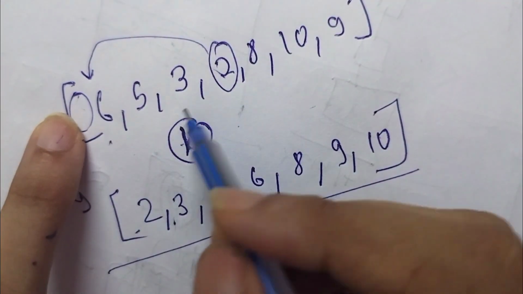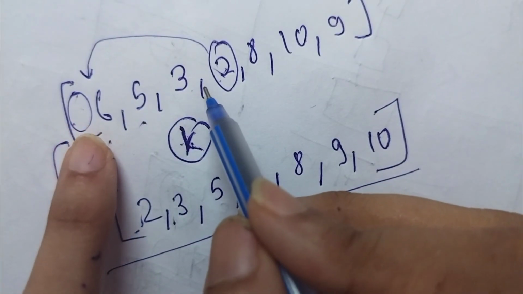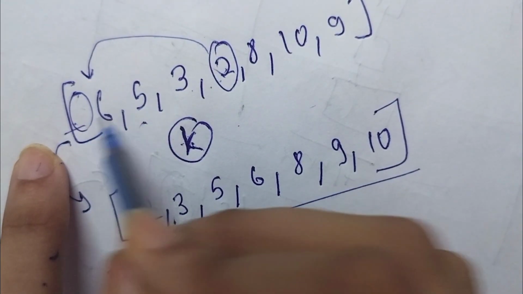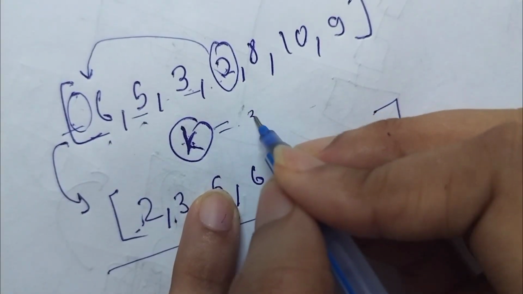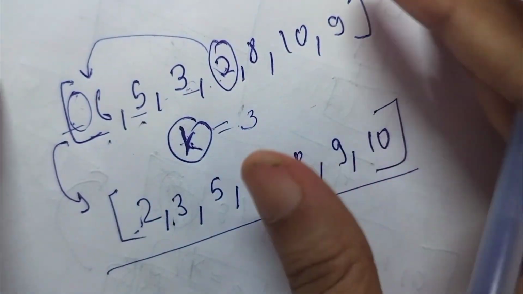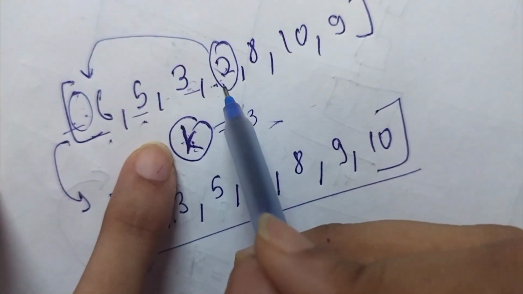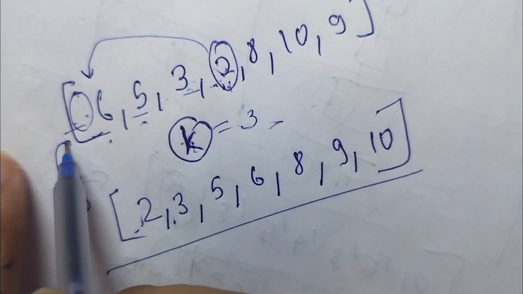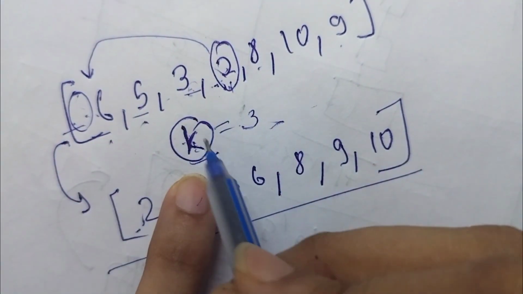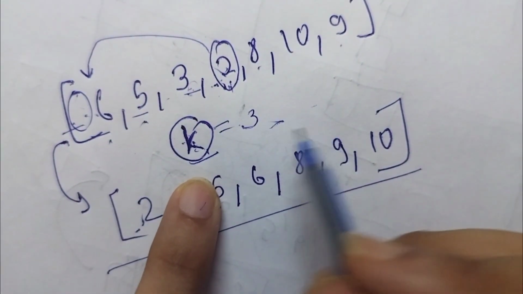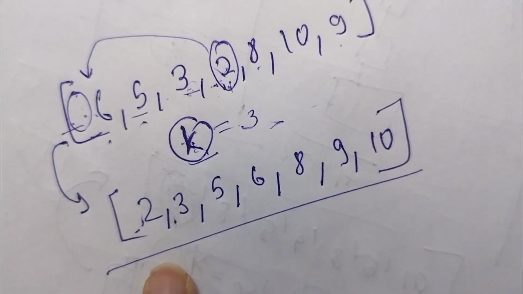How much away is 2 from its correct position? Of course 3 positions, 1, 2 and 3, and k is given in the question as 3. So we can practically see how much away it is from its correct position. For every element it is valid: every element is k positions away from its correct position in the sorted array.